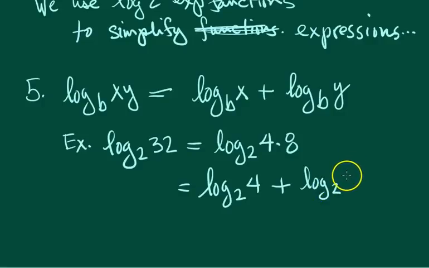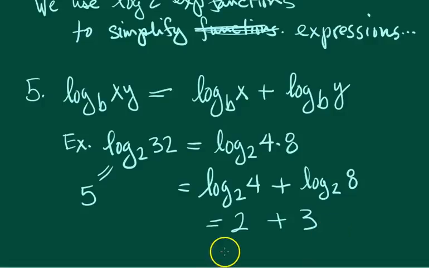Okay, now we know that 32 is equal to 2 to the 5th, so we can say already, okay folks, the exponent here is 5. Well, the log base 2 of 4 is 2, and the log base 2 of 8 is 3, and son of a gun, we have 5 on both sides of this. If you have trouble remembering these, think of a simple example like this one.